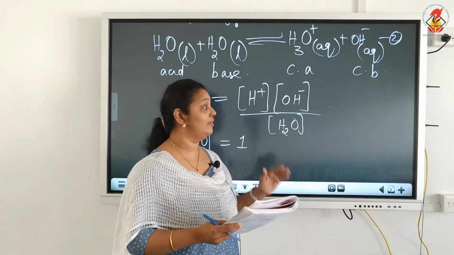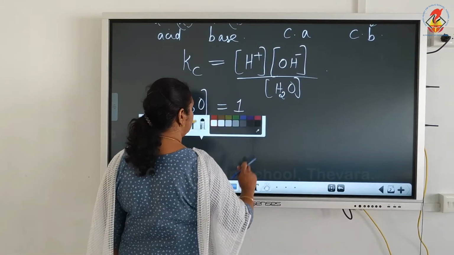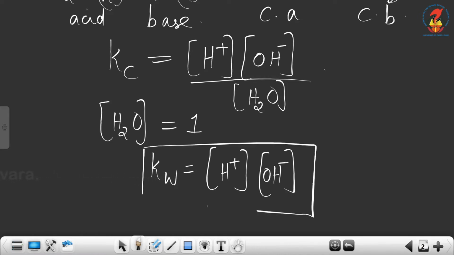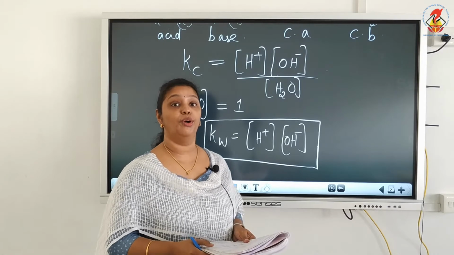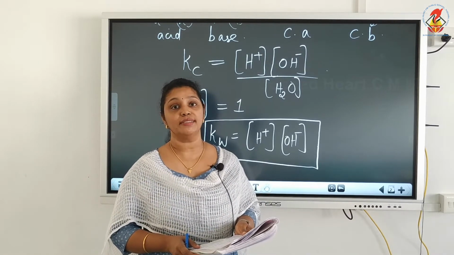So again I am going to rewrite this expression of Kc in terms of Kw, and the expression will be Kw is equal to concentration of H plus into concentration of OH minus. So this is the expression for the ionic product of water, as the concentration of H2O is taken as unity, 1.